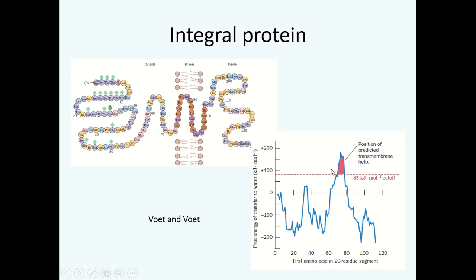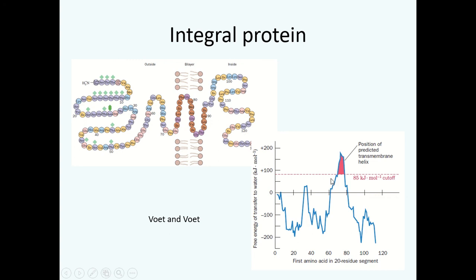It is energetically unfavorable because this part of the membrane close to amino acid number 73 is hydrophobic or non-polar. That is why, when it is being transferred to water, it shows a very high value of free energy. That means it has very little stability in the aqueous environment, because of the presence of many non-polar amino acids within this portion.